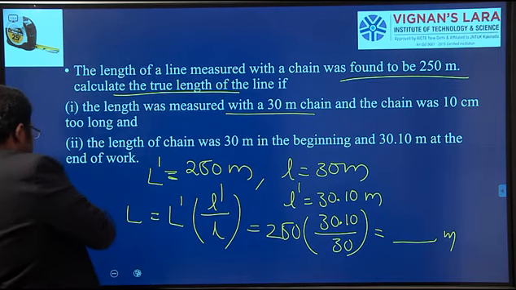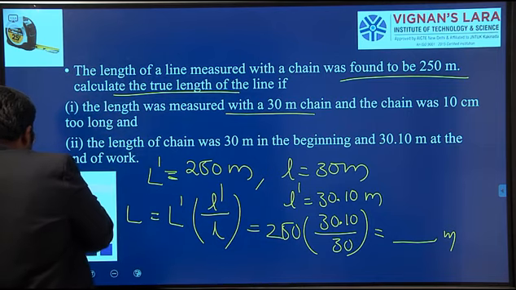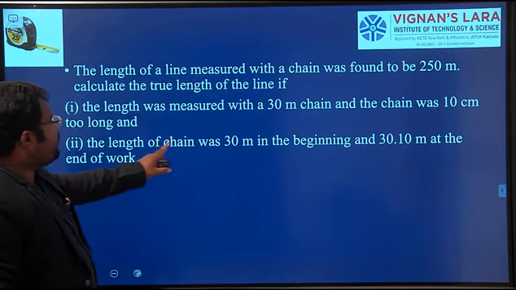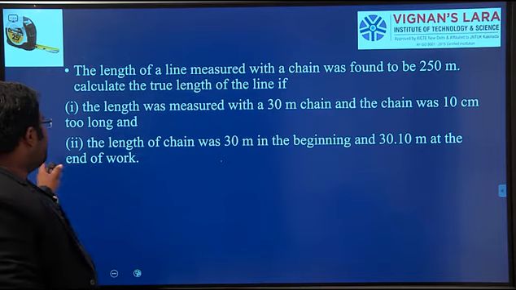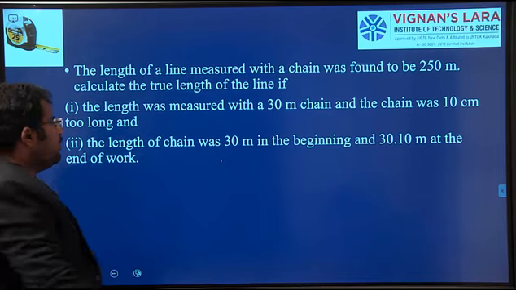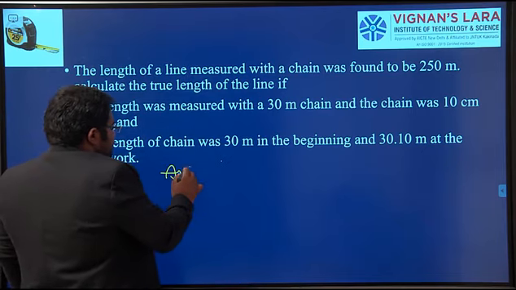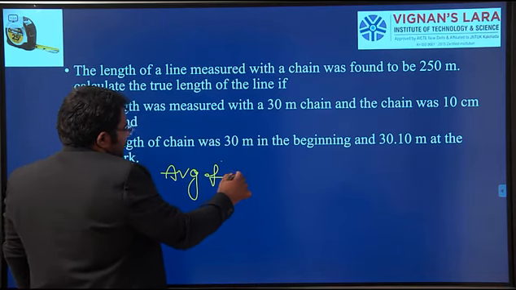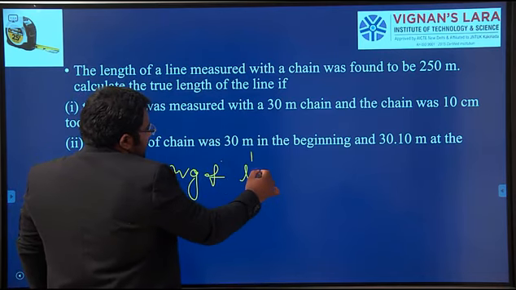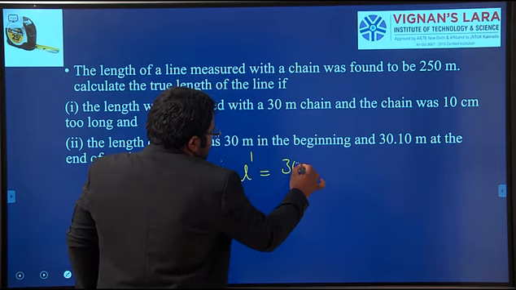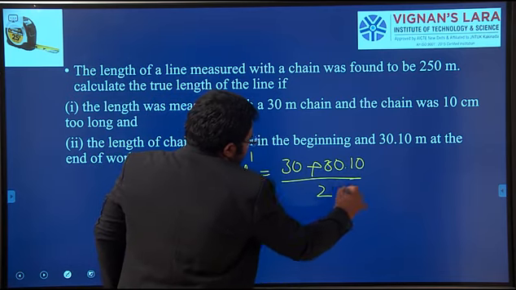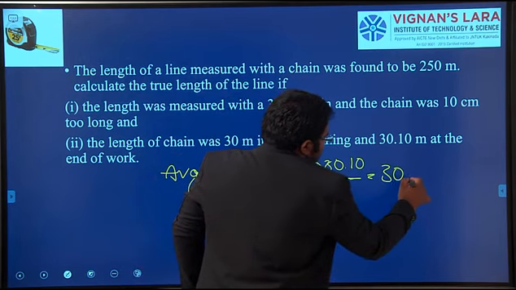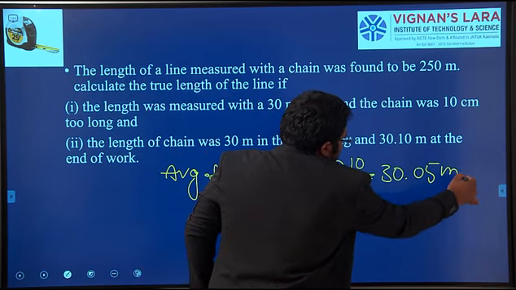Now I am going to calculate another one. The length of the chain was 30 meters in the beginning and 30.10 at the end of the work. Here we need to take the average of L dash: 30 at the beginning plus 30.10 at the end, divided by 2, gives 30.05 meters.